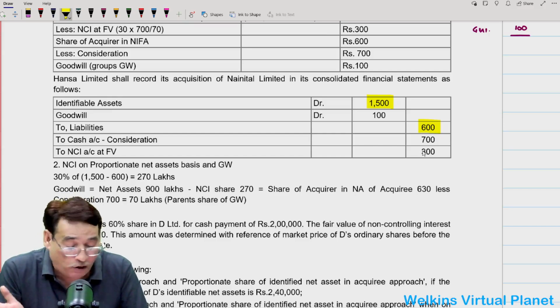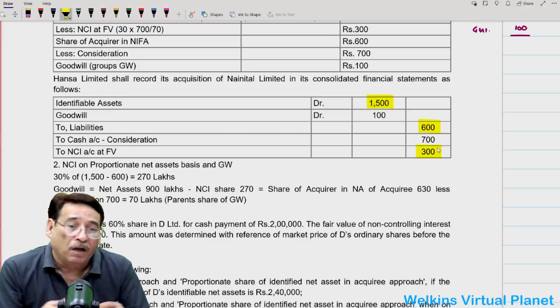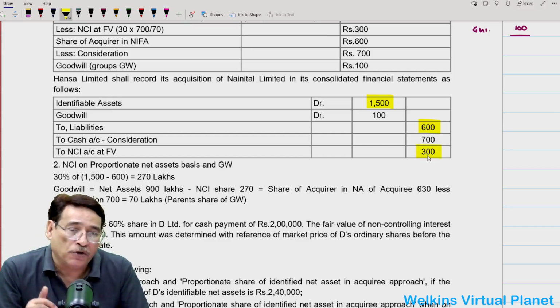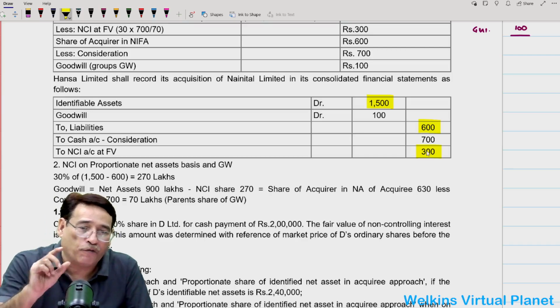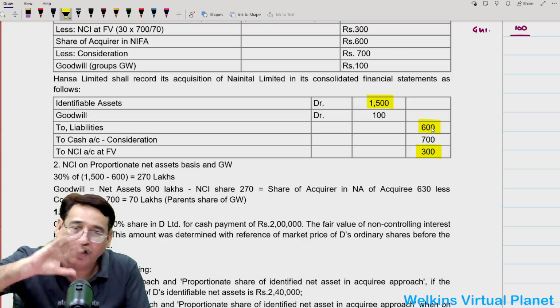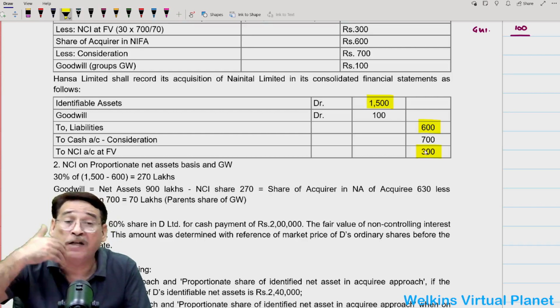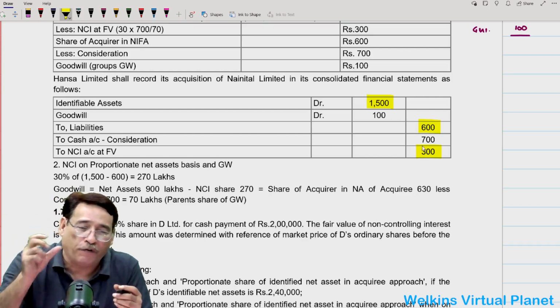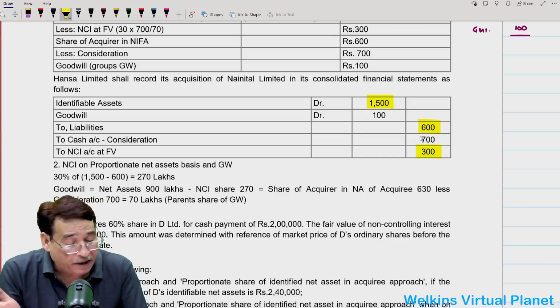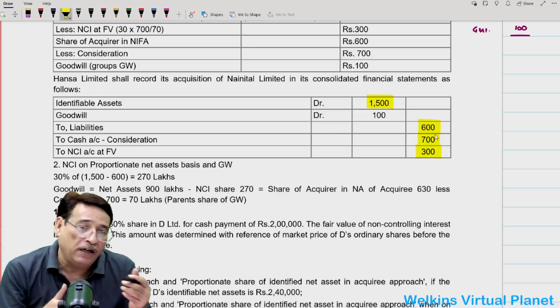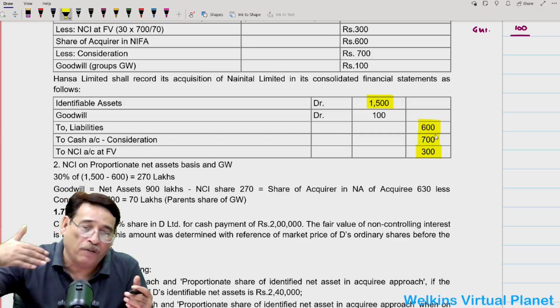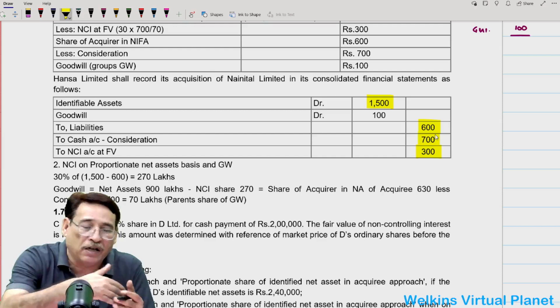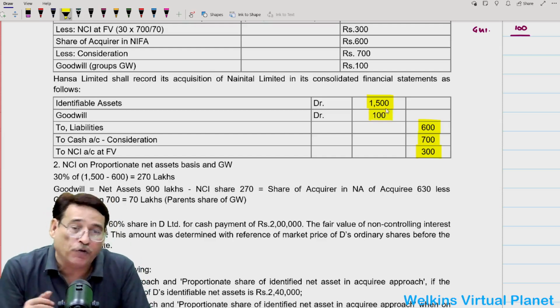Second thing is that always write NCI share. By putting NCI share towards the credit side, it means from 1,500, I have already subtracted 600. Now I am subtracting 300 further. So now I am left with the share of the acquirer company. Correct? And now I will write here cash consideration 700. So indirectly, I'm comparing the share of the acquirer with the consideration. That is why the difference which we get is goodwill.